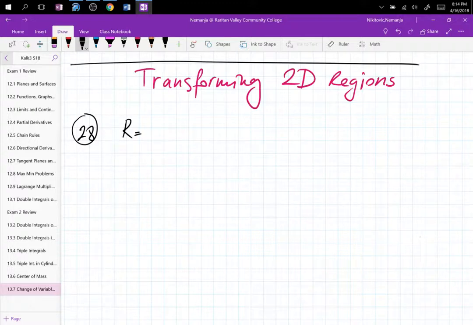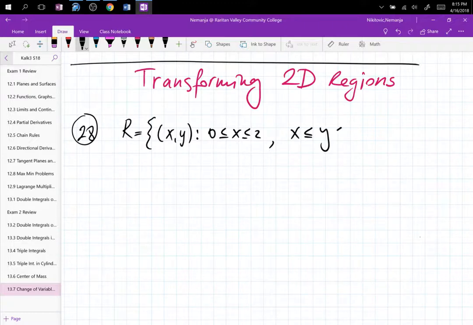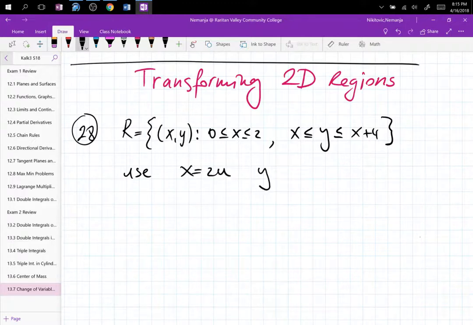Region R is given to us as (x, y) such that 0 less than x less than 2 and x less than y less than x plus 4. We'll use the transformation x equals 2u and y equals 4v plus 2u.